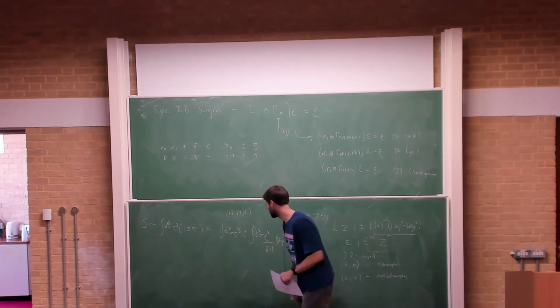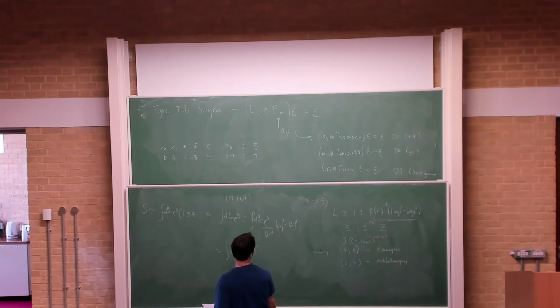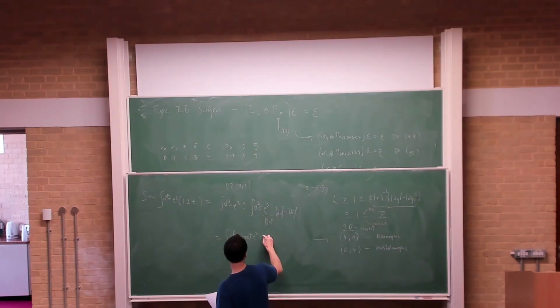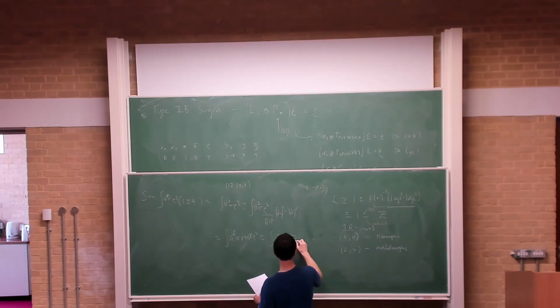So we could alternatively write this, let me do D6 dZ dZ bar rho cubed, plus or minus D6 dY dY bar over f squared.